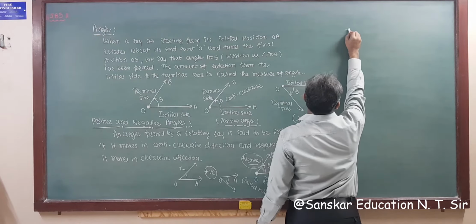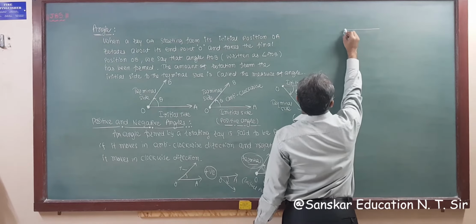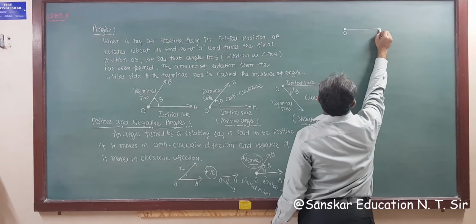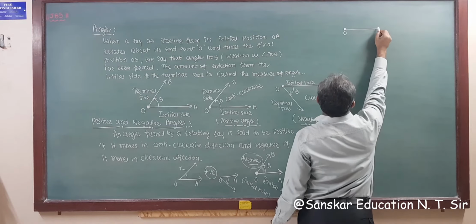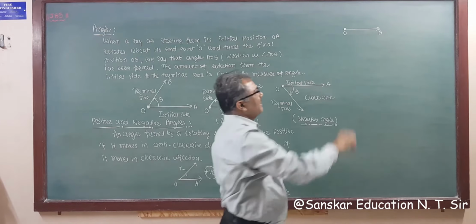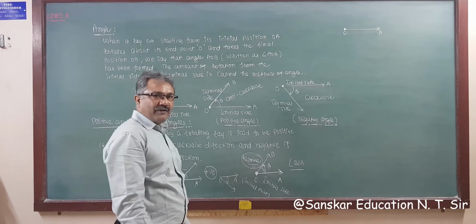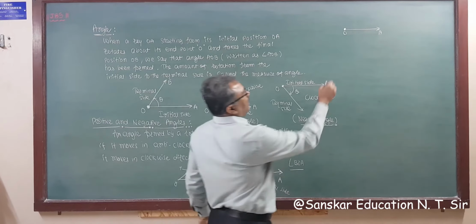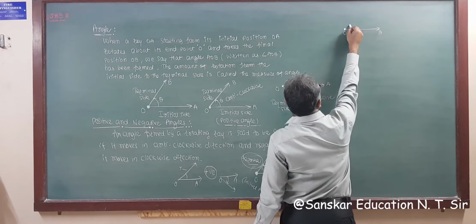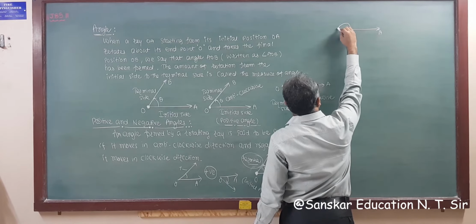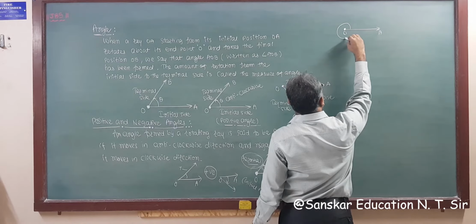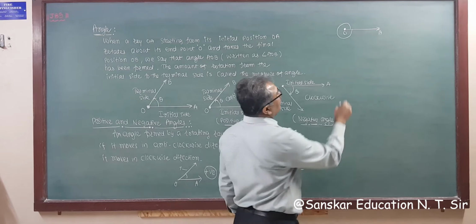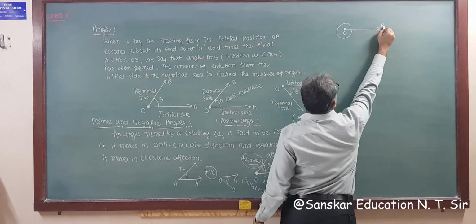Suppose this is your initial ray with initial point, vertex O, and this is A. If we move anti-clockwise and come to here, this is your final position OB.